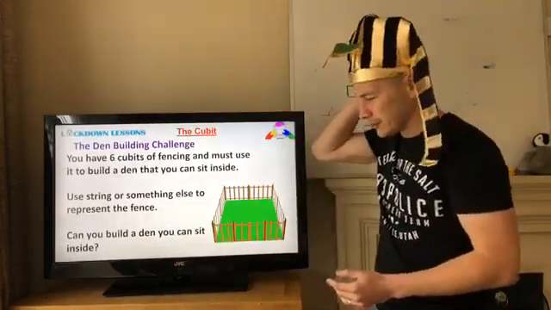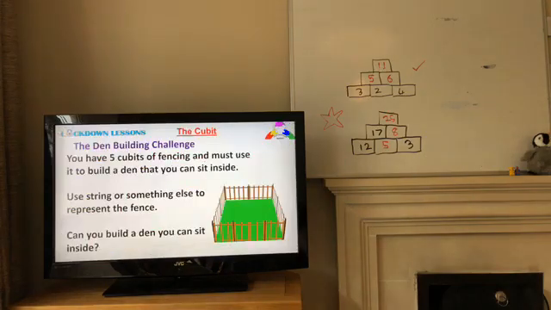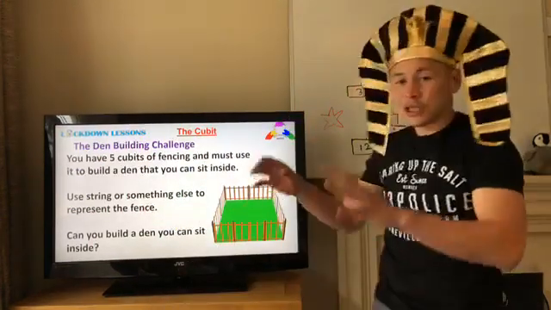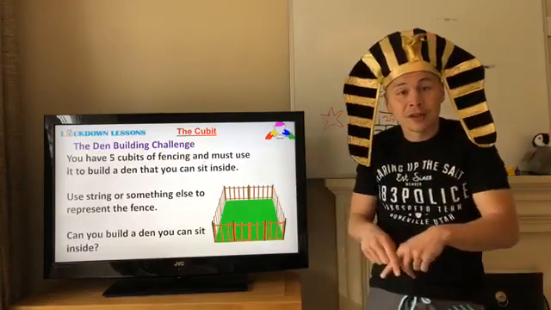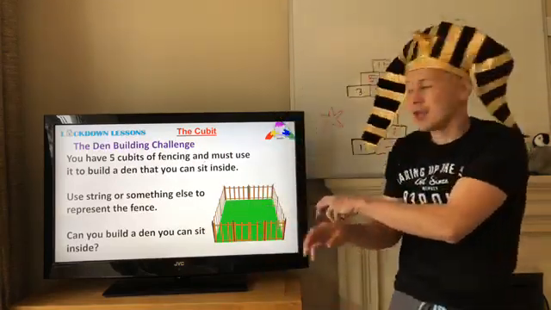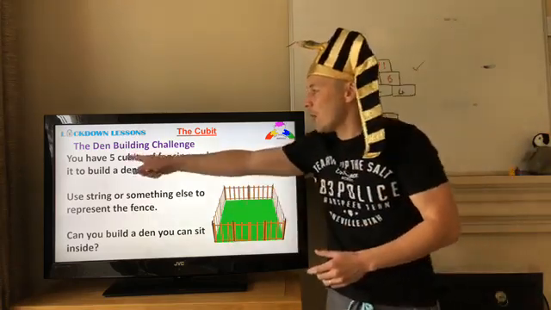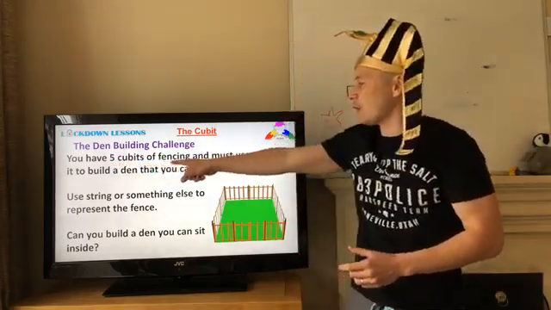So, in fact, we're going to change that. How many cubits? Did we say 5 cubits here? Yeah, 5 cubits. Okay, so imagine you are building a fence, okay, to sit inside, a cage if you like almost. You need to build yourself a fence to sit inside, but you only have 5 cubits of fencing.